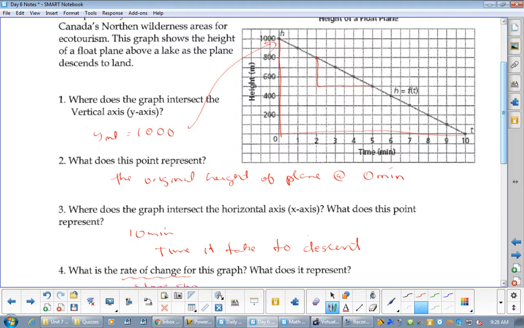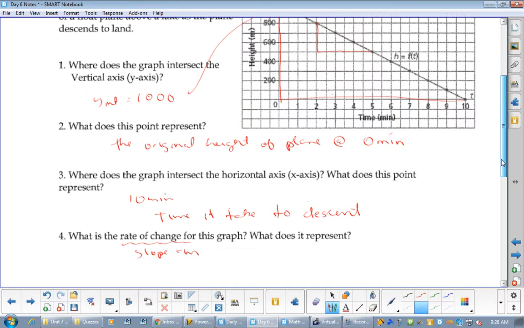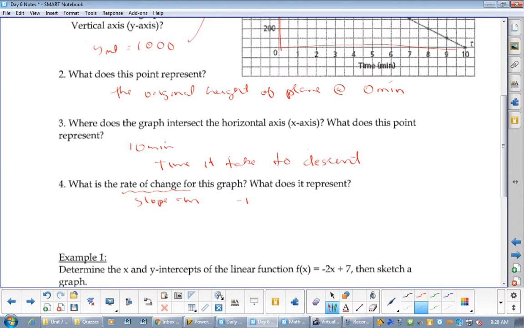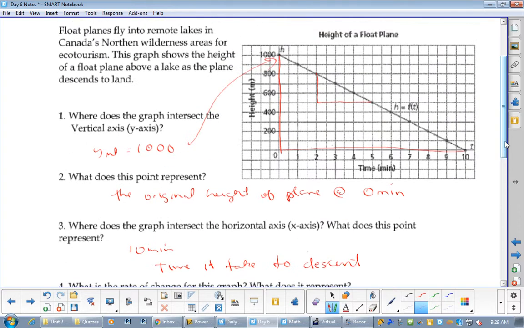Okay? I'm going to prove it. Okay, let's do the big one. Would be what? Yeah, good. Negative 1,000 over 10, which equals negative 100. Okay? But say I didn't pick that one. Let's do the one that I did here. This little guy. What would be the rise?